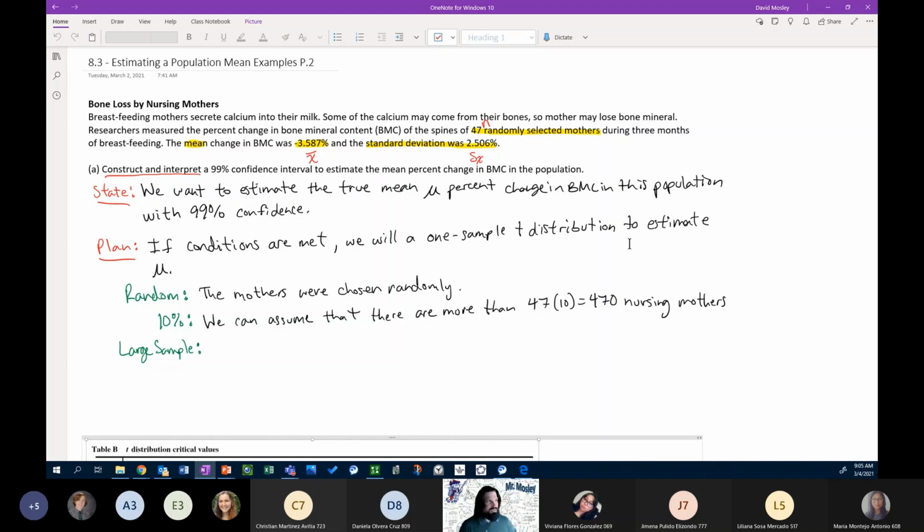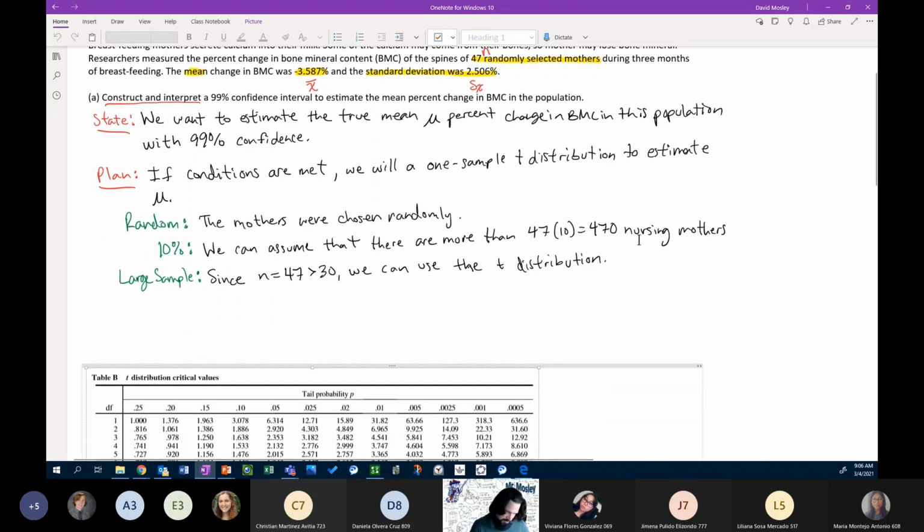It's just a fair assumption to make, and they didn't give us any way to disprove that. And lastly, our large sample. Since n equals 47 is greater than 30, we can use the t distribution. And so we're good to go. We've checked our conditions. We're done with the planning part.